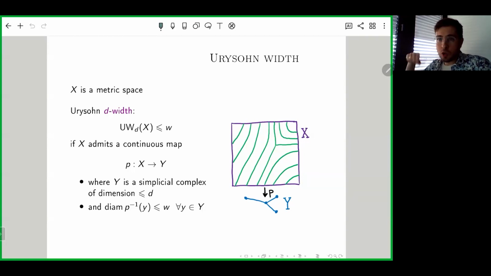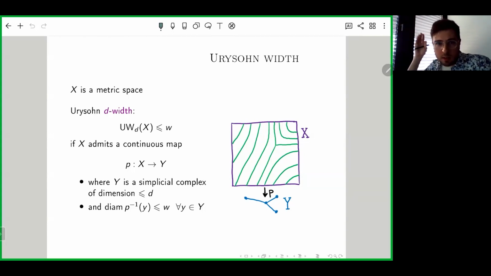that there is this notion of the Urysohn width, which can be defined for a general metric space. And the d-dimensional width is supposed to measure how well you can approximate your space with a d-dimensional simplicial complex.